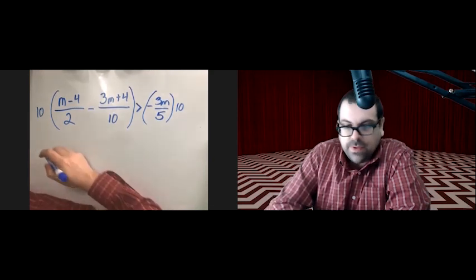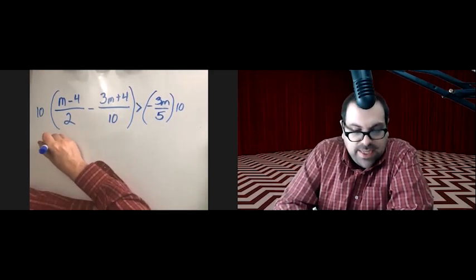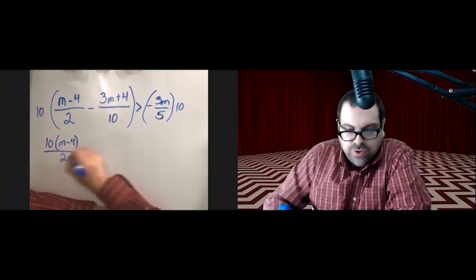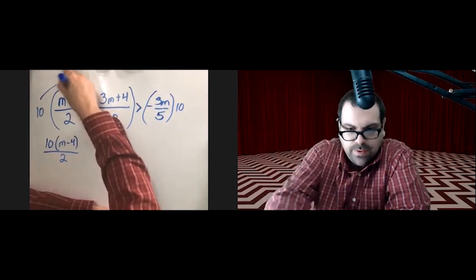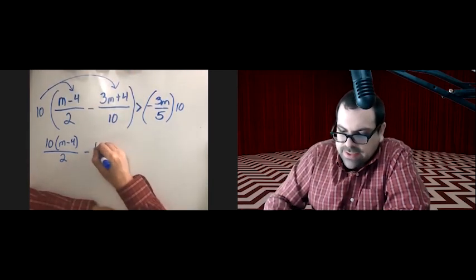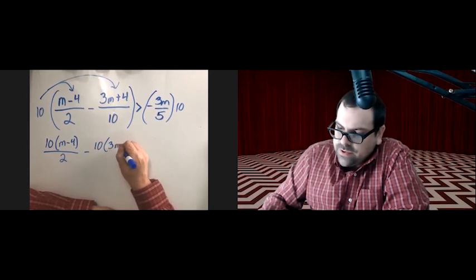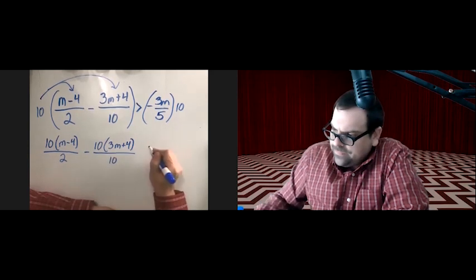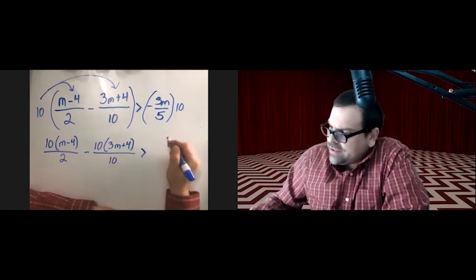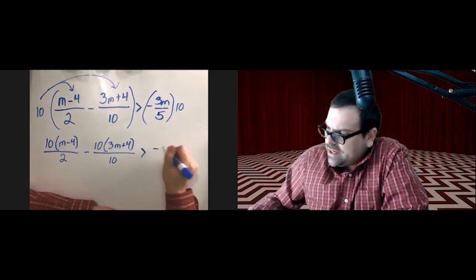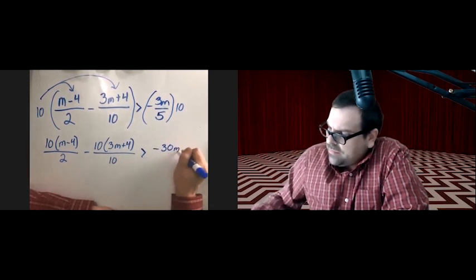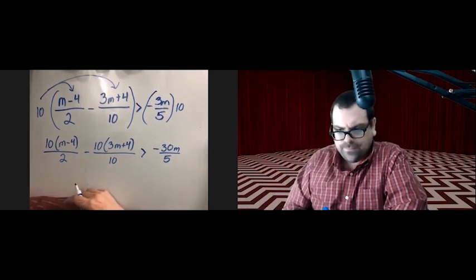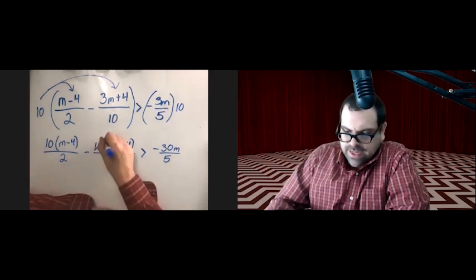So this would be 10 times m minus 4 all over 2 minus 10 times 3m plus 4 over 10 is greater than, this is going to be negative 3 times 10, negative 30m over 5. The 10s cancel there.